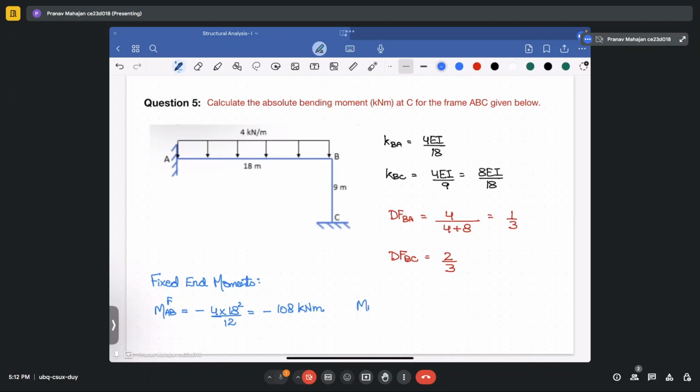Similarly, your MBA will be equal to 108 kilonewton meter.